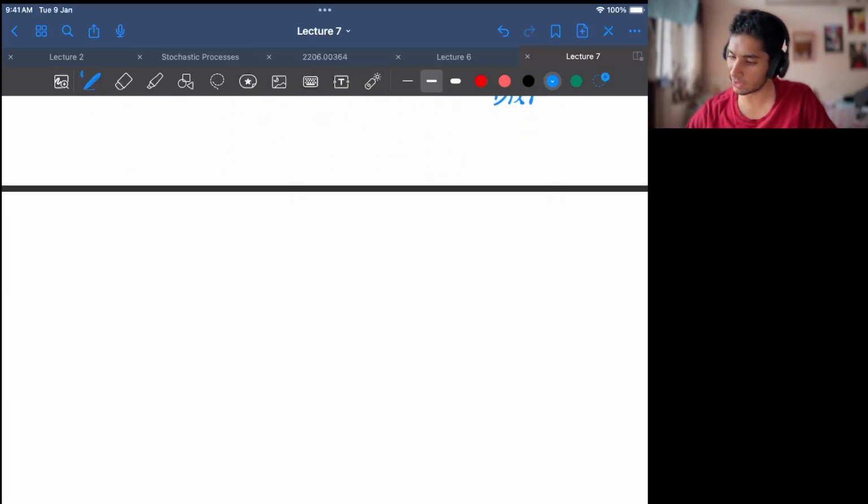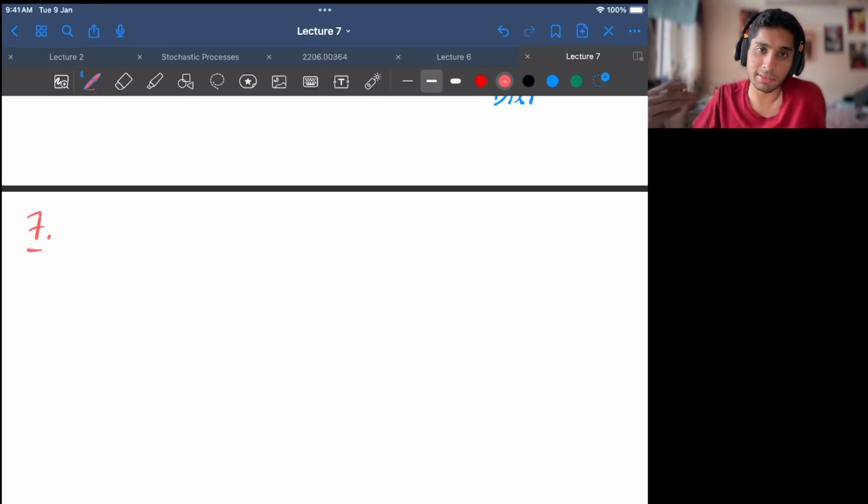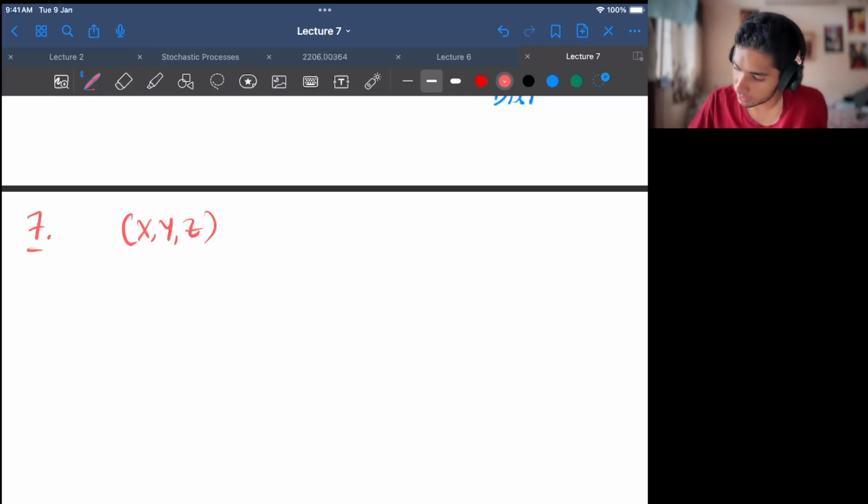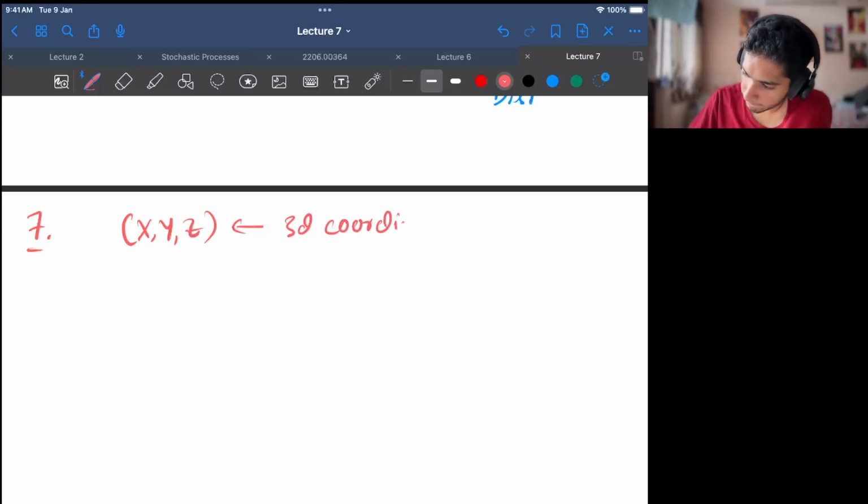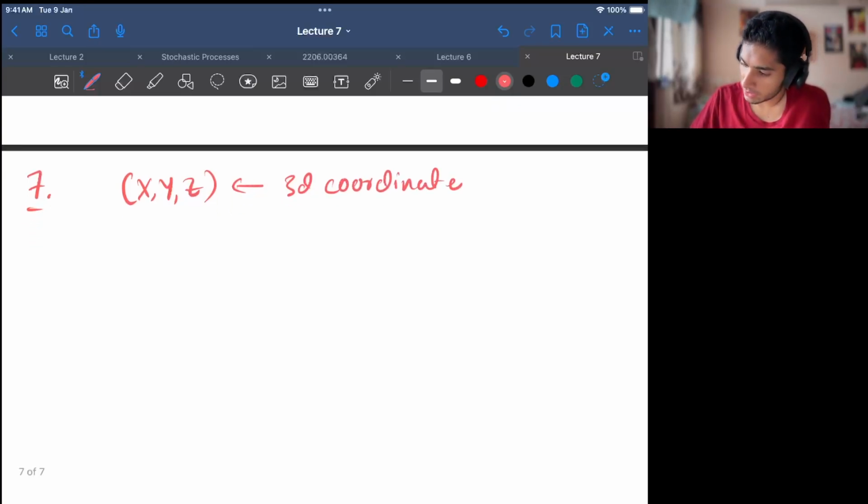So let's look at another question, which is again a definition question, but just a different flavor. Let's say that x, y, z is a random point in a 3D coordinate system, and they are mutually independent. It is given to us that x, y, and z are distributed IID according to normal 0, 1.